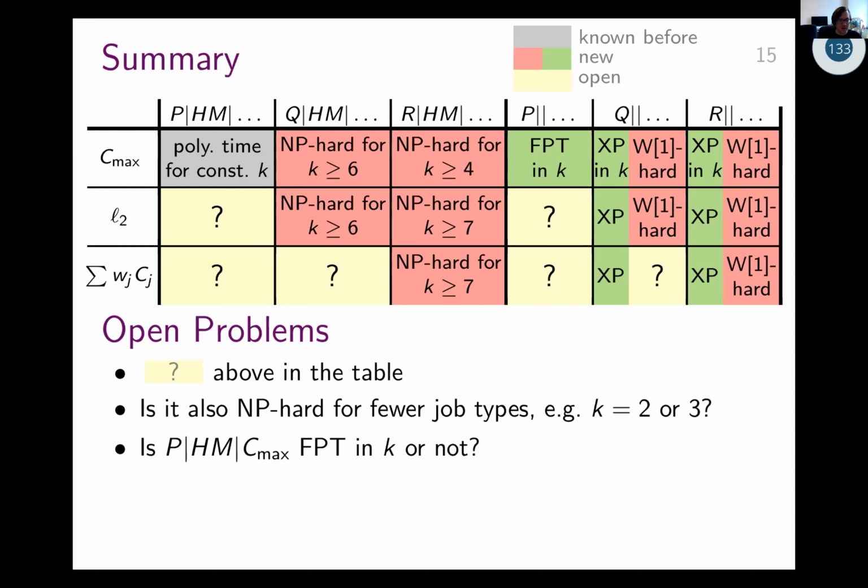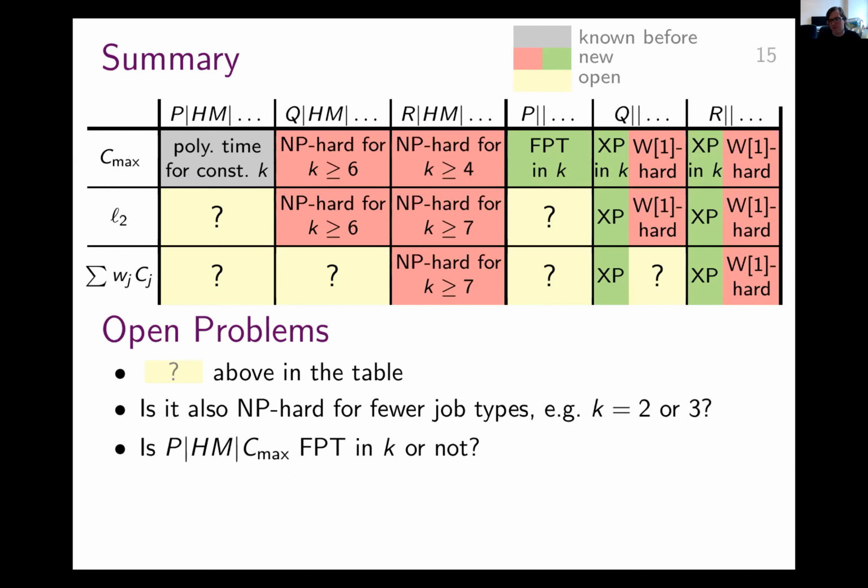I don't know. I think the biggest question in parameterized complexity of scheduling is just, okay, is identical machines, high multiplicity, makespan minimization, is it FPT in terms of k or not? So what we know now is if either the job lengths are given in unary or the job multiplicities are given in unary, then the problem is FPT.